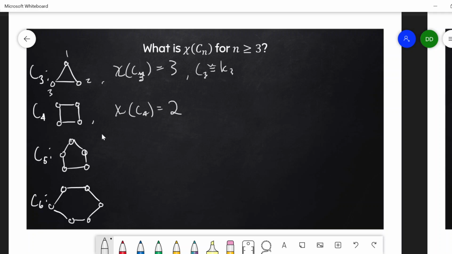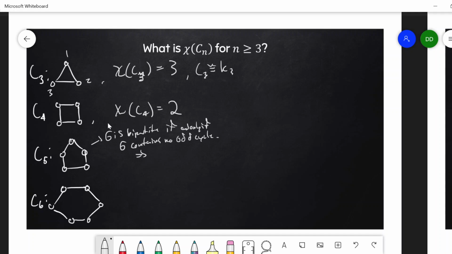C5, it's not bipartite. It has an odd cycle in it. So remember that G is bipartite if and only if G contains no odd cycles. So here's an odd cycle, and so I need to use at least three colors.